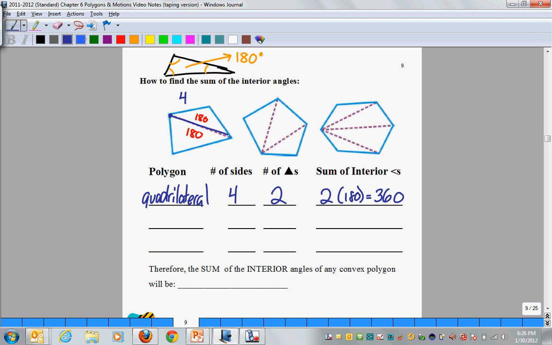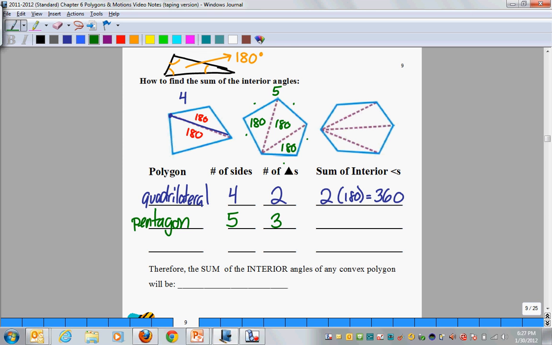Let's check out the other shape here. The other shape is 1, 2, 3, 4, 5. So this is a 5-sided shape, so this is a pentagon. It has 5 sides. Let's count the number of triangles. It only has 3 triangles.